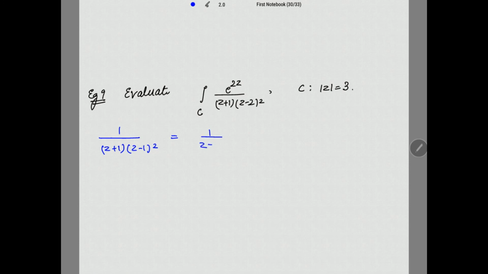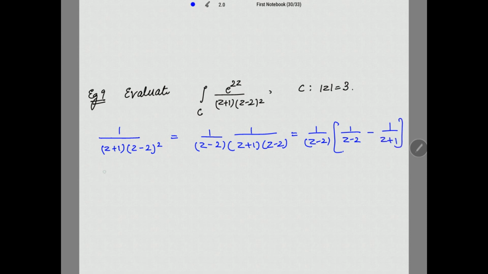Sorry, this is z minus 2. I take z minus 2 over here and take the other z minus 2 with z plus 1. So this is equal to 1 over z minus 2. Just separate this now. This will be 1 over z minus 2 minus 1 over z plus 1.